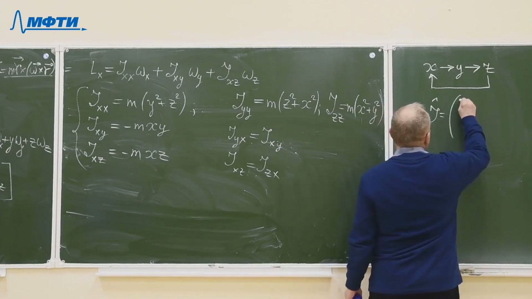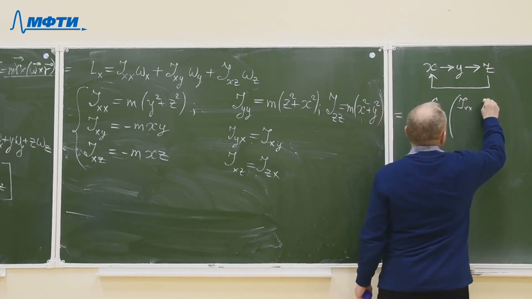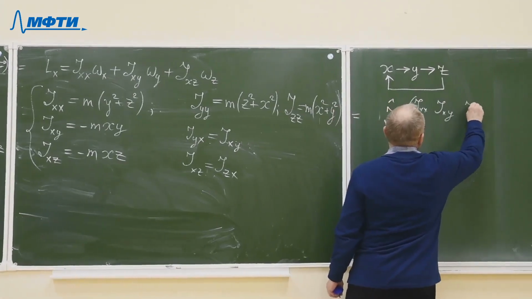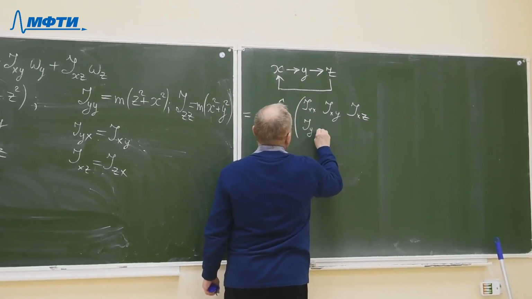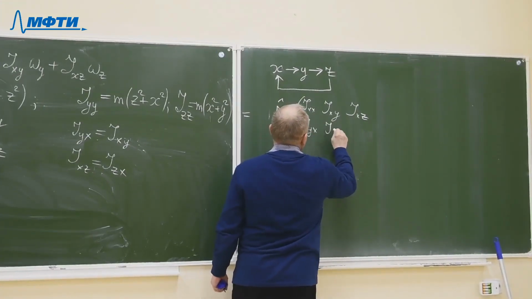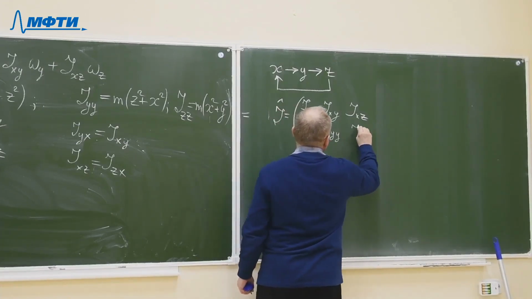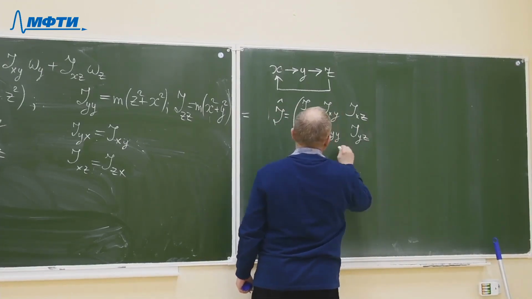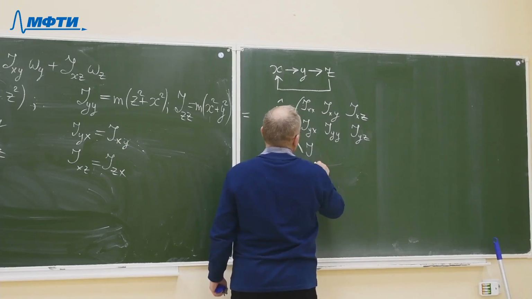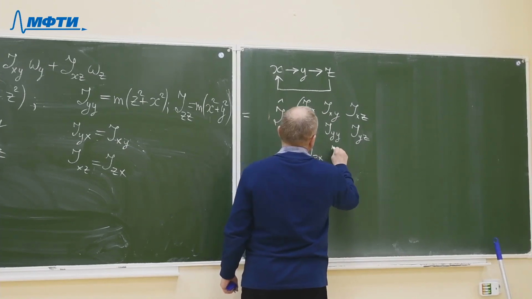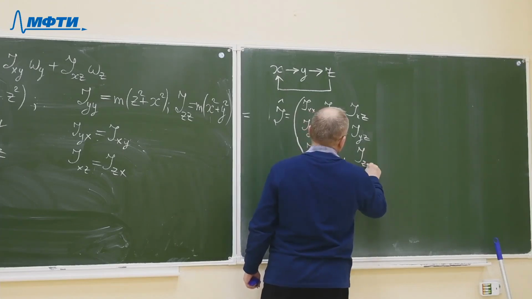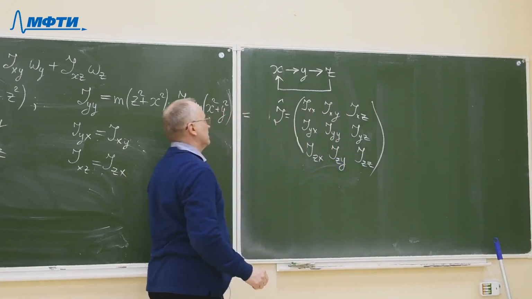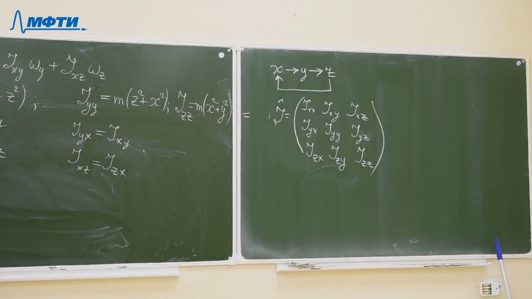The tensor of inertia is Ixx, Ixy, Ixz, Iyx, the YY component, YZ component, and ZX, ZY, and ZZ component. That is the general expression for the tensor of inertia.